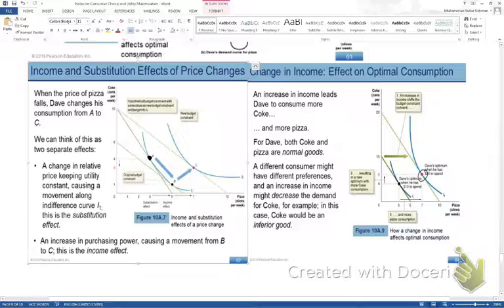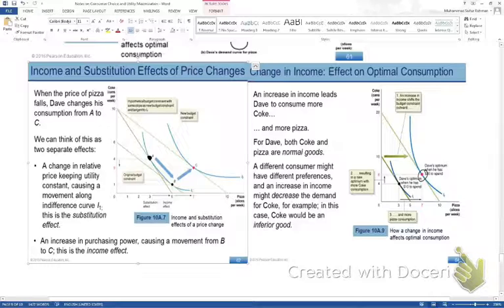Now we know that whenever the price of a good goes down, there are two things happening at the same time. There is an income effect and there is a substitution effect. In order to understand substitution effect, we need to first keep the purchasing power of the consumer constant and see how he responds to this price change.